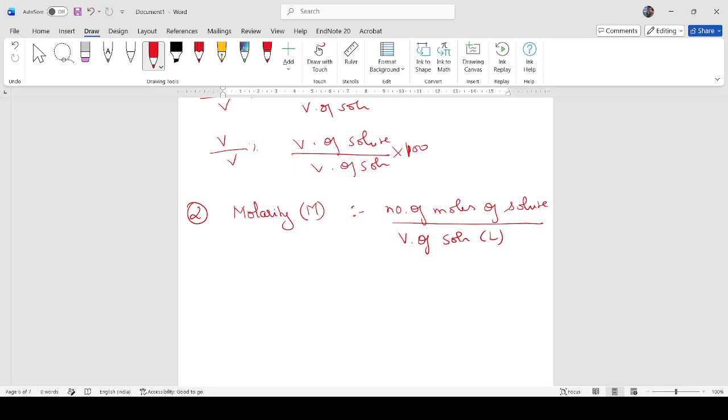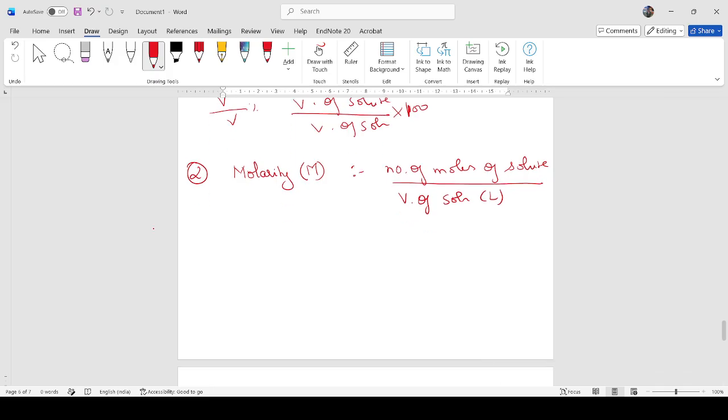Number of moles of solute divided by volume of solution in liter. So when someone says 1 molar solution, it implies that 1 mole of solute is there in 1 liter solution. That's the meaning here.